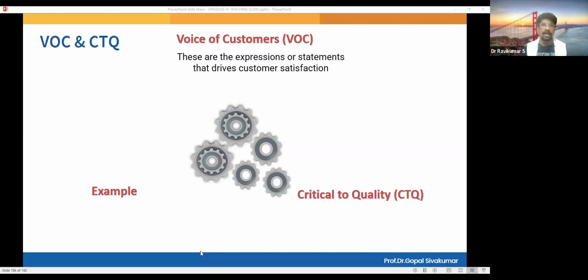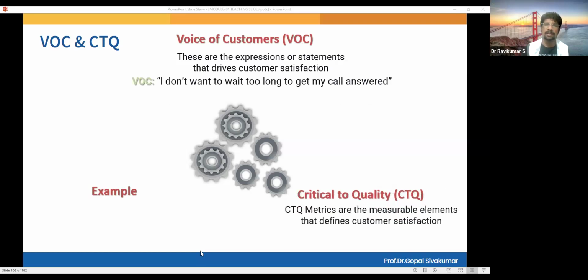Okay, so let us see a small example. A customer says, we used to call the bank. Most of the time, banks have a large queue, which will make us irritated, right? Which will make us quite unhappy.